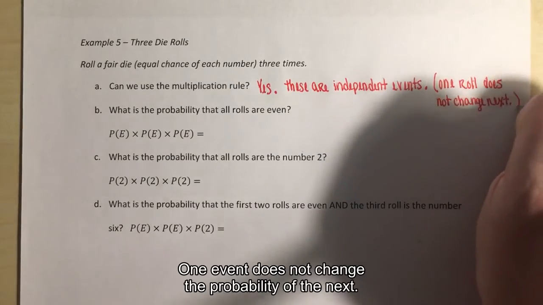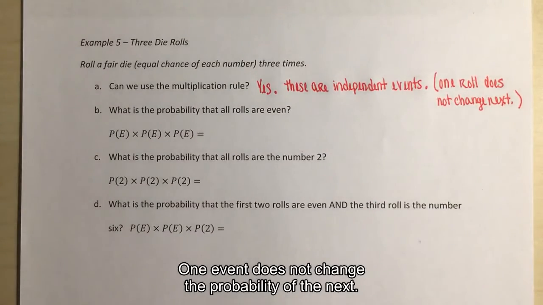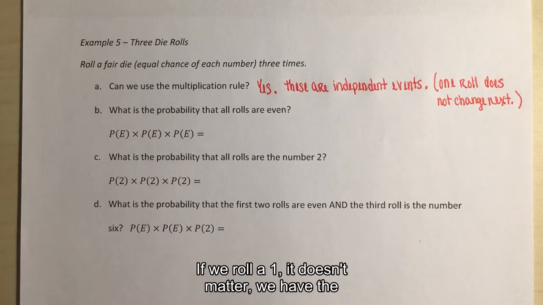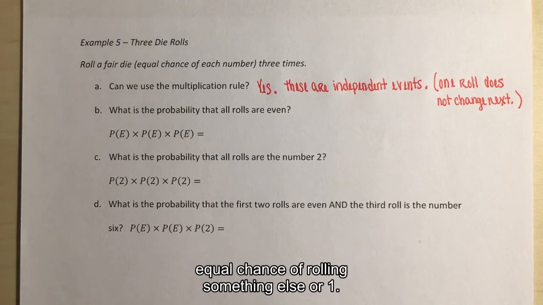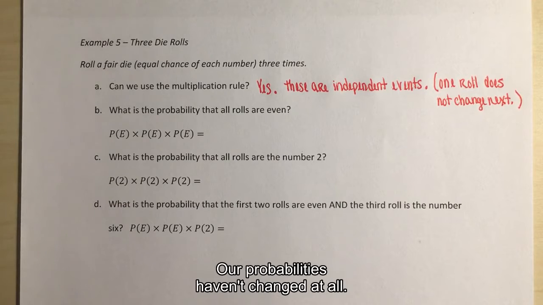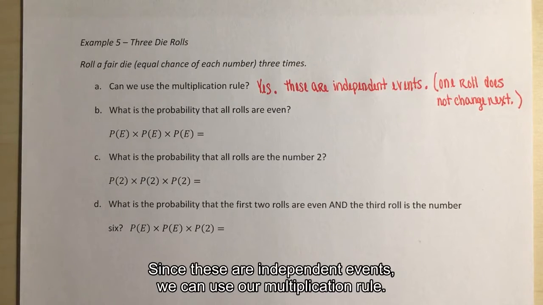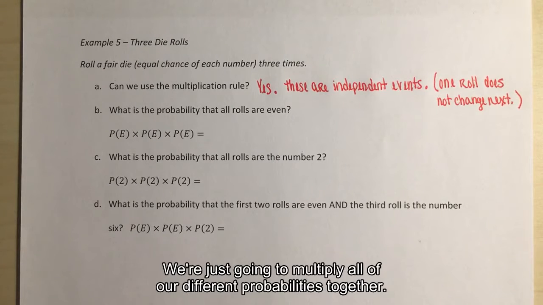So one event does not change the probability of the next. So whatever we roll on the first one, it doesn't matter, right? If we roll a 1, doesn't matter. We have the equal chance of rolling something else or 1. Our probabilities haven't changed at all. Right, so since these are independent events, we can use our multiplication rule. So we're just going to multiply all of our different probabilities together.